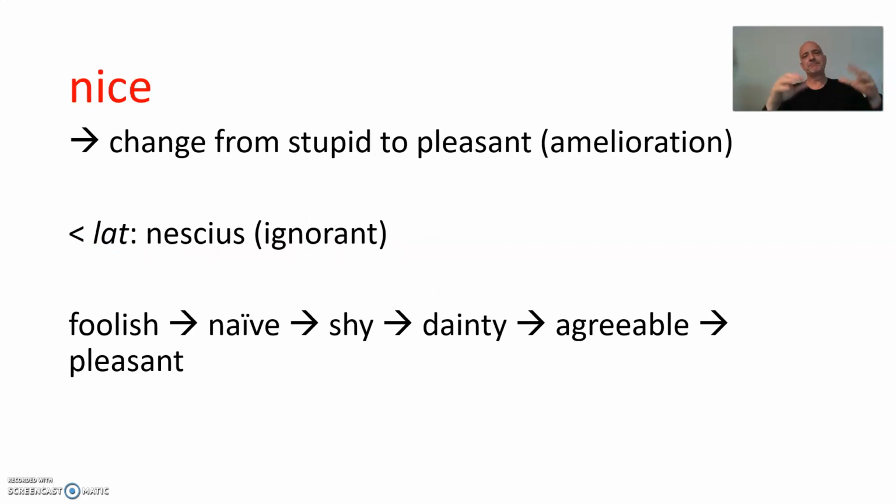All right, so nice must have changed its meaning from something like stupid, foolish, to pleasant. And we call this an amelioration. Okay, the meaning got better in the course of time.